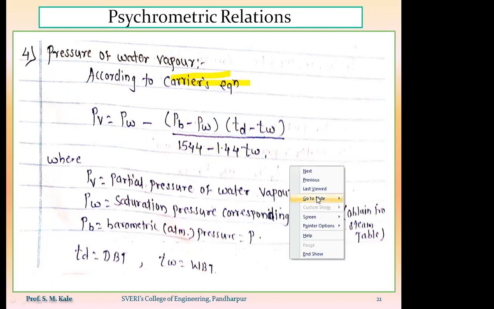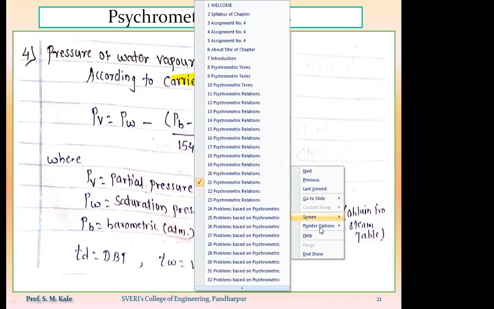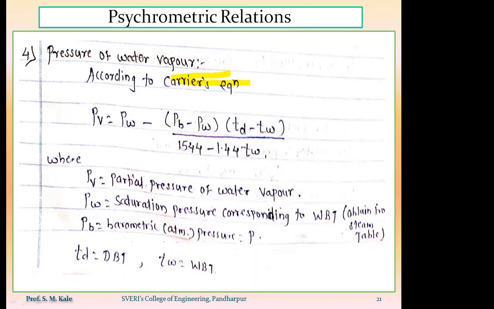Here one thing you have to keep in mind: this formula is exactly like this. PW is a separate term and the remaining term is inside the bracket, minus the remaining term.